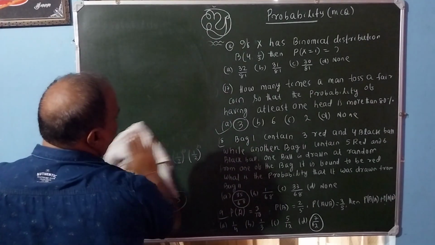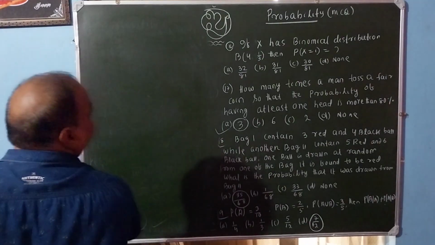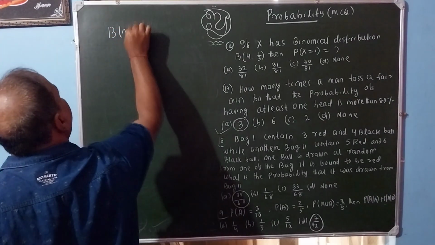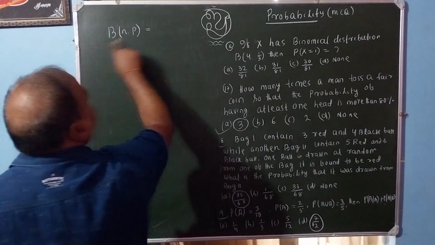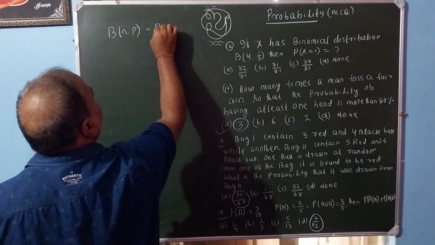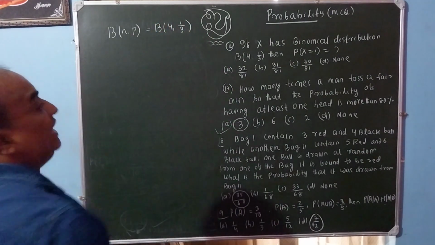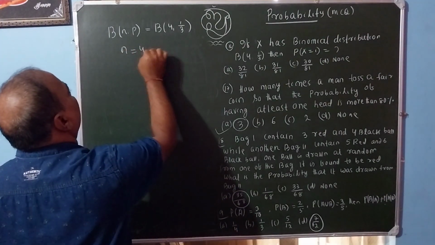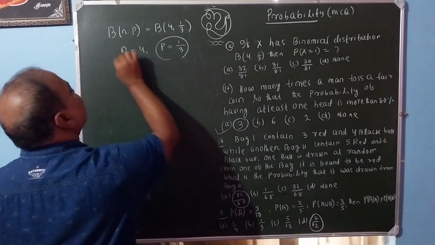Binomial distribution is represented like this, B(n, p). B(n, p) means B(4, 1 by 3). Comparing, n is equal to 4, p is equal to 1 by 3.